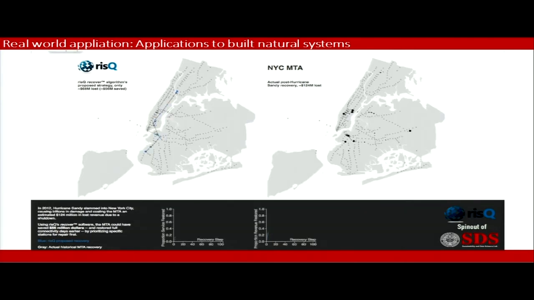On the left we have the proposed algorithm, which shows how we should prioritize our resource allocation after events like flooding, and how the New York MTA actually recovered. We got this data from the real ticketing data, showing how they started generating revenue once the system was down.